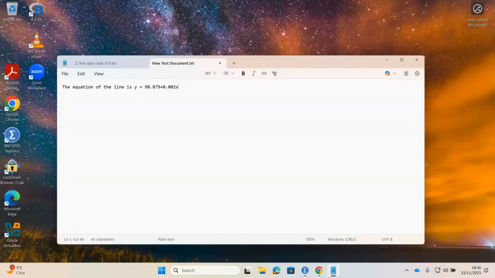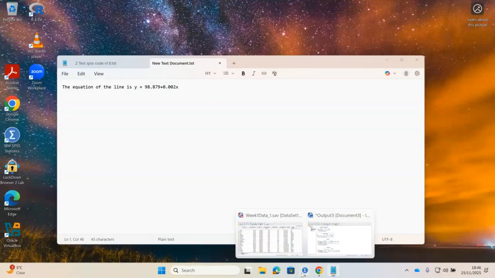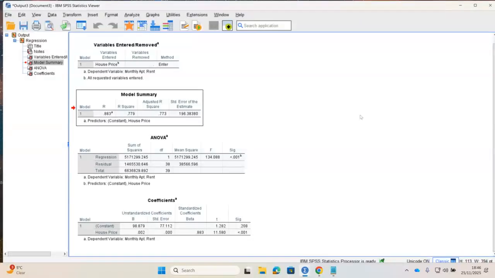Does that make sense? And it comes from the coefficient table. Is that right? Right, 0.002.